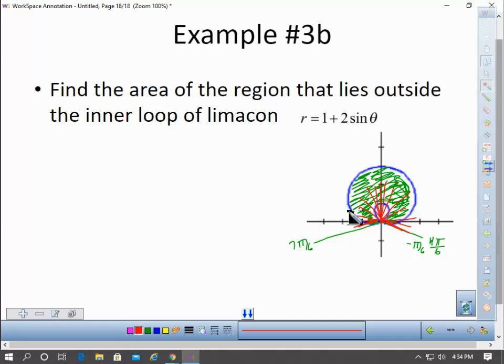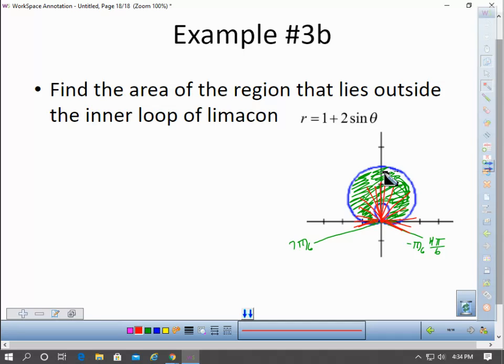So you could do the integral from 0 to 2 pi and subtract double our answer in part A if you wanted to. Or you could just go from negative pi over 6, around to 7 pi over 6, and then you would only subtract off one loop, which is what I'm going to do.